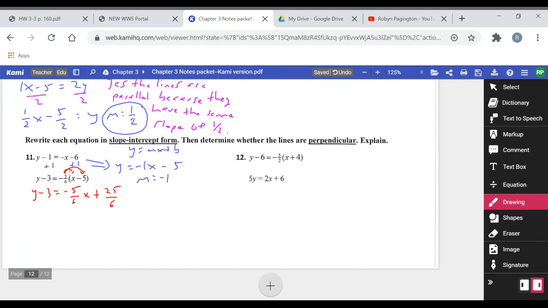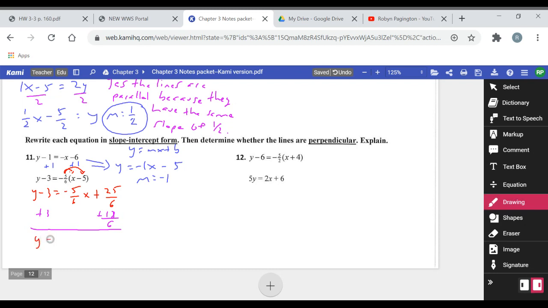So when I try to add that 3, I realized that I actually need it in sixths to be able to combine those together. So instead of writing plus 3, I'm going to write plus 18/6. It means the same thing as 3 because 18 divided by 6 is 3, but it has a common denominator with the 25/6.